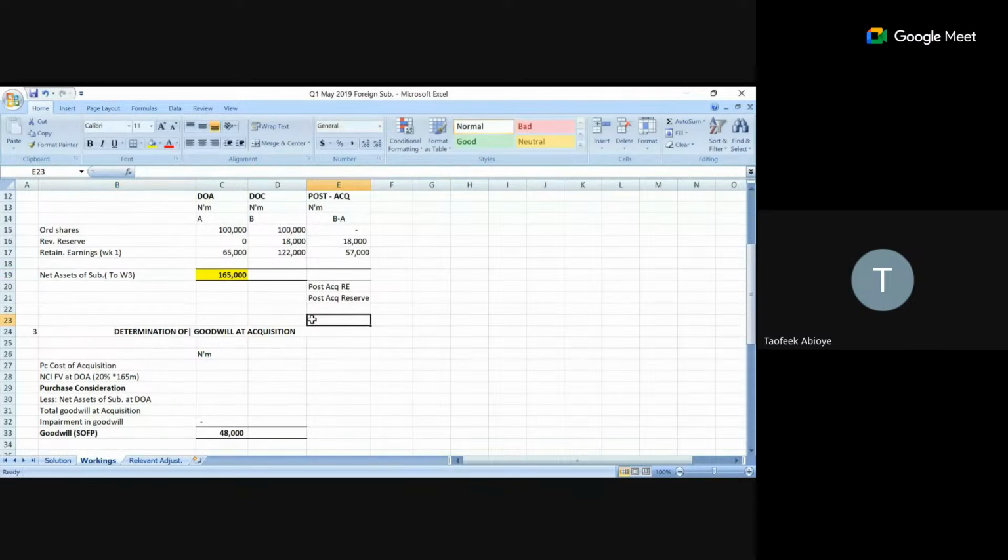So that 165,000 is coming here, which is net asset of subsidiary. Then also we are going to use that figure to determine our NCI value at DOA.